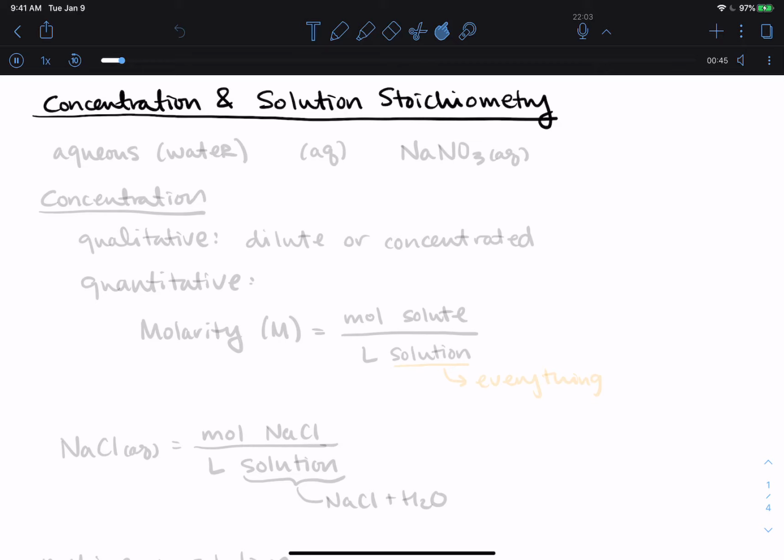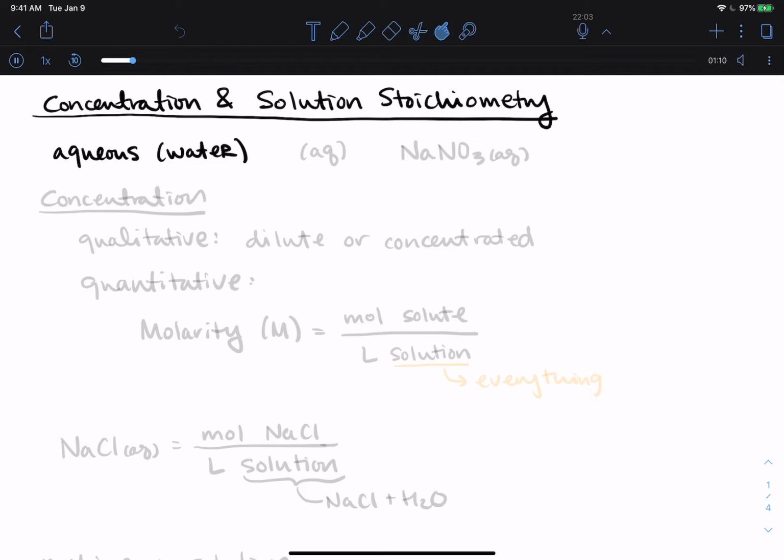So in general chemistry, most of our reactions are in solutions that are made with water. So we do what we call aqueous solutions. So an aqueous solution just means that you've used water.